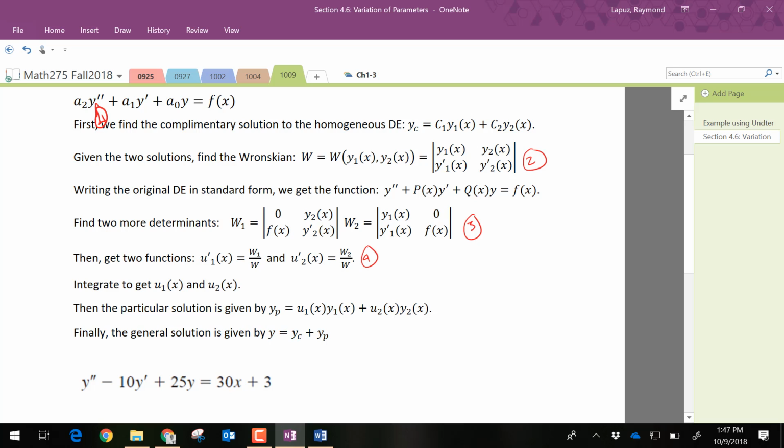And then if you have u1 prime equal to a function, how would you get u1? Take the integral. So you would integrate. I guess this is step 5. And then you would tack each of those solutions onto the fundamental solution that you already found. And then you would put it all together.